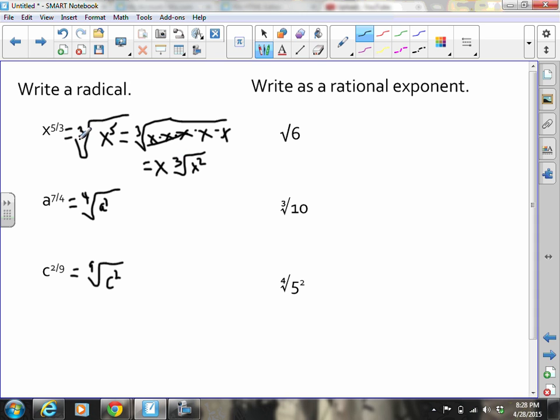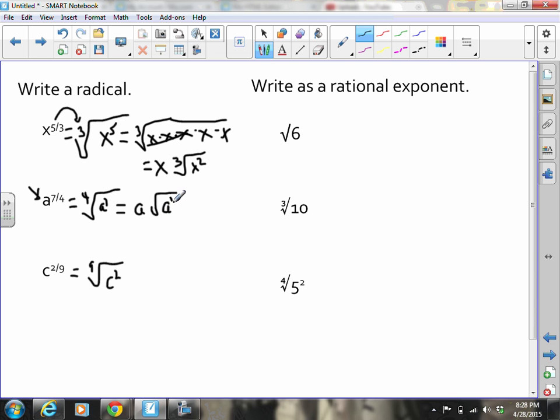But before I could do the simplification, I had to recall what that rational exponent was as a root. So it's important I remember how to rewrite that. This one can also be simplified once I rewrite it as a root. If I think about my groups of 7 a's, you have a group of 4 one time, so I can pull out an a in the front. And then I have 3 a's that are not a part of a group of 4.